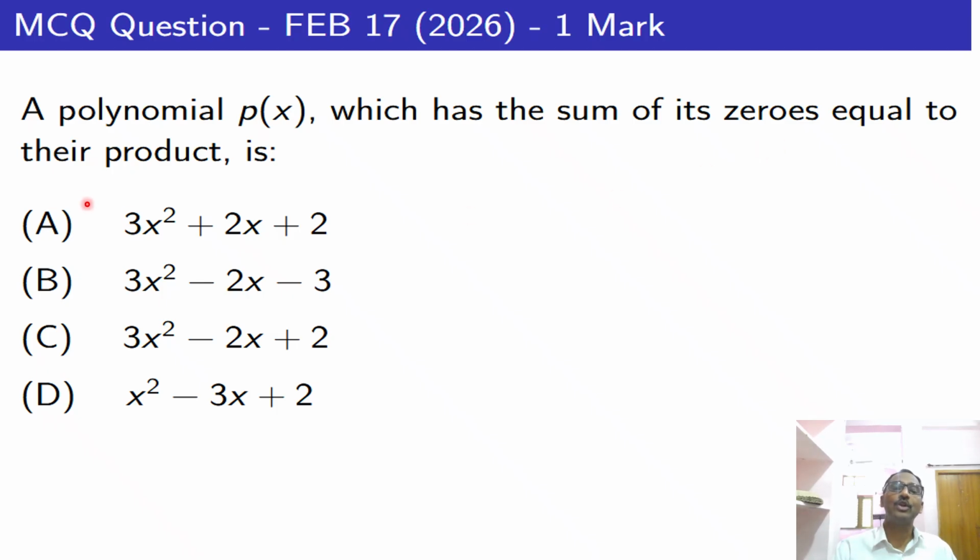Alpha plus beta equal to product, that means S equal to P. So S is 2, P is 2. This is our option. We have to select this option to get 1 mark. Next check D also. Here S is 3 but P is 2. Not equal. According to the given condition this is not suitable. That's why we have to choose option C.